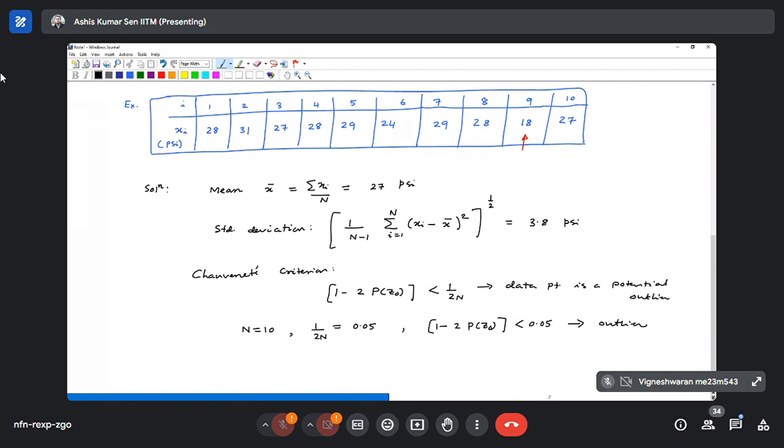So we make a table for all these data points. We find Z0 and P(Z0). I can make a table here.